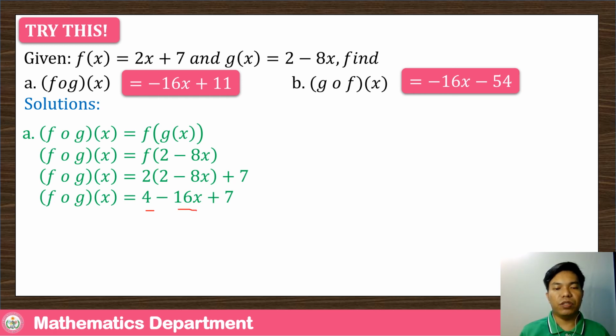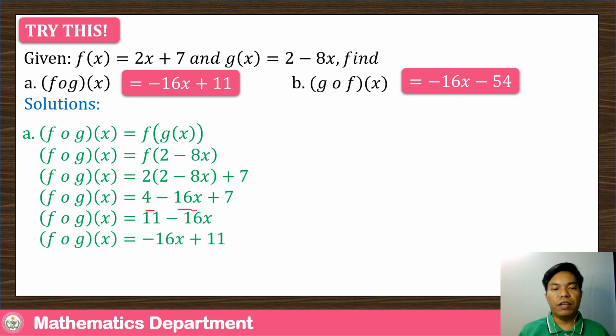When we simplify this, we'll have 11 minus 16x. You can have this as an answer, or you can also arrange this from the term with variable, tapos hanggang sa ating constant. So rearranging this, applying the commutative property of addition, we'll have negative 16x plus 11.